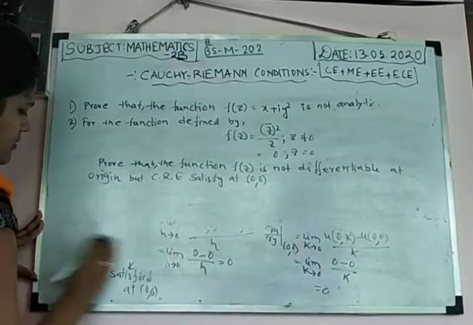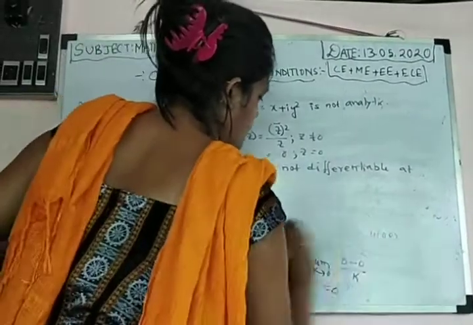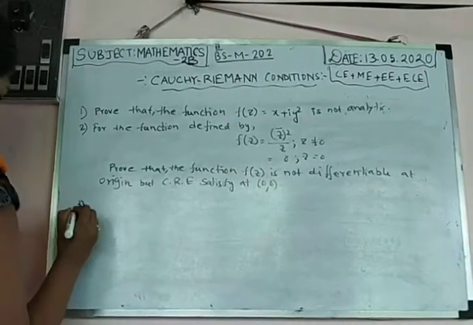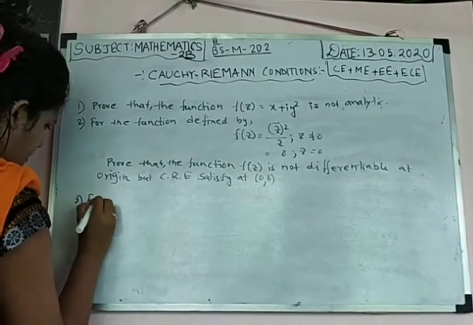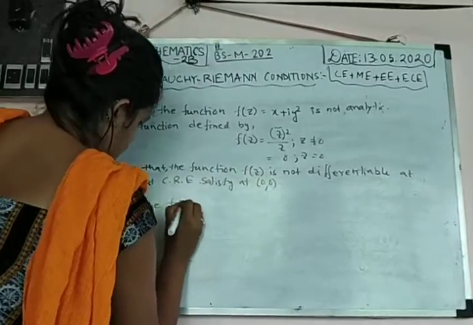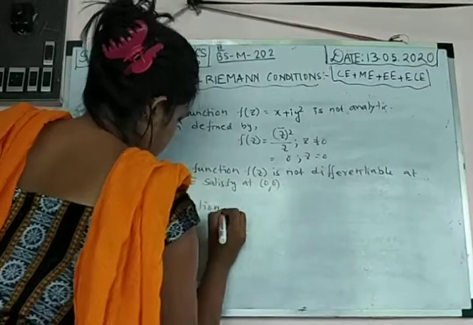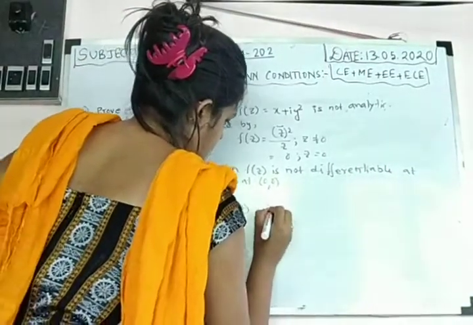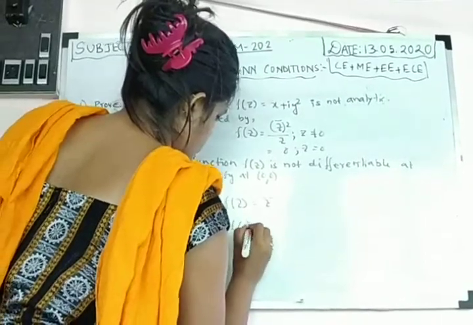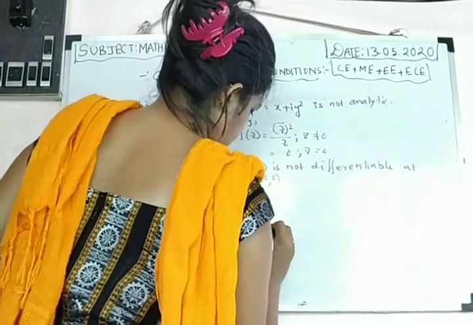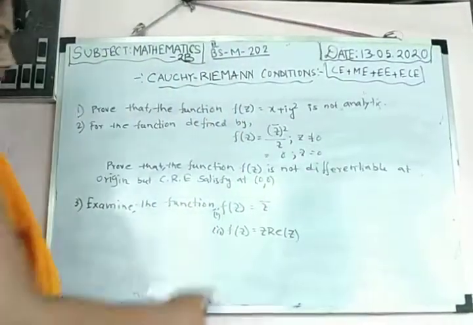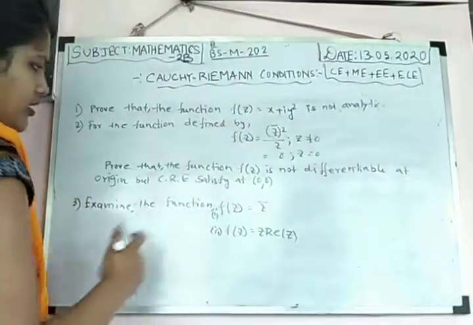And last one, number 3, examine the function: number 1, f(z) equals z bar, and number 2, f(z) equals z Re z. Re z means the real part of z and z bar means the conjugate of z.